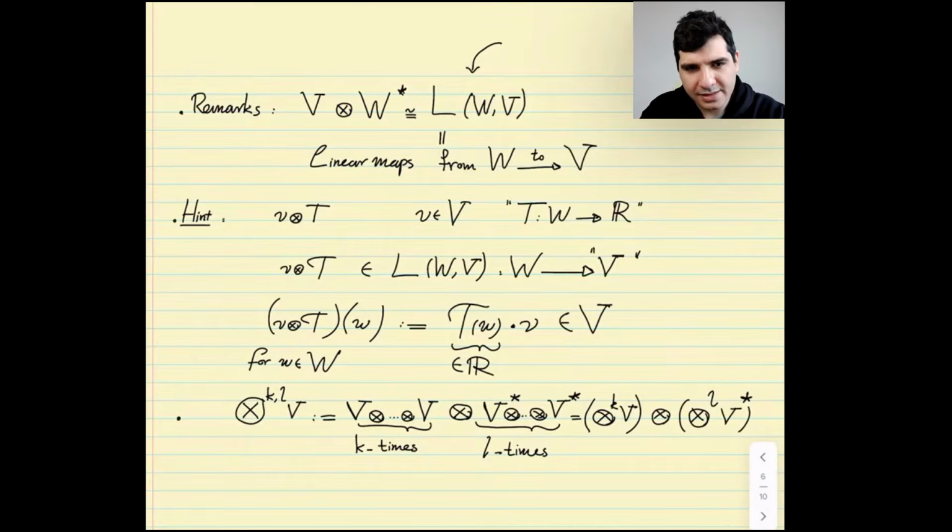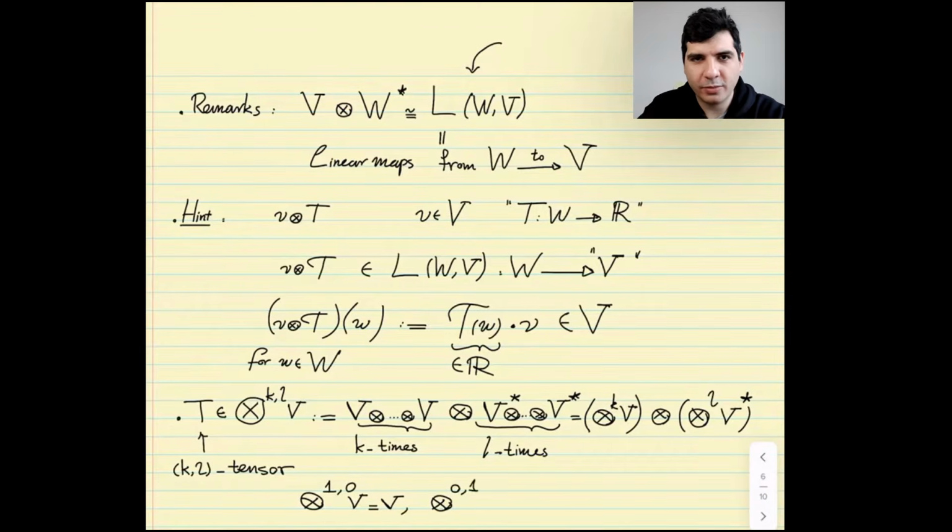Any element inside this space, any T inside this space, is usually called a (k, l) tensor. So the first number means the number of elements coming from V. The second means the number of things coming from V star. So with this notation, tensor (1, 0) V is just V. Tensor (0, 1) V is just V star. And just as a convention, tensor (0, 0) V is just the base field, which here is the set of real numbers, R.